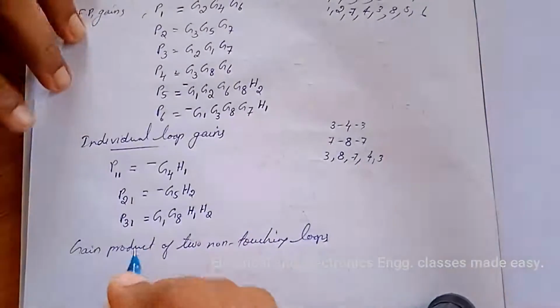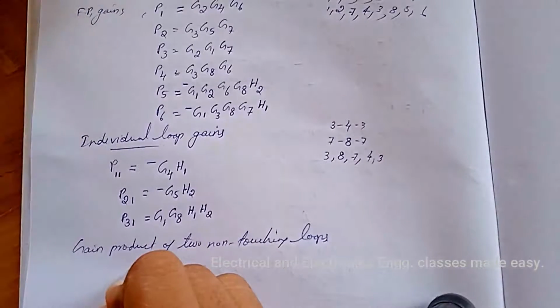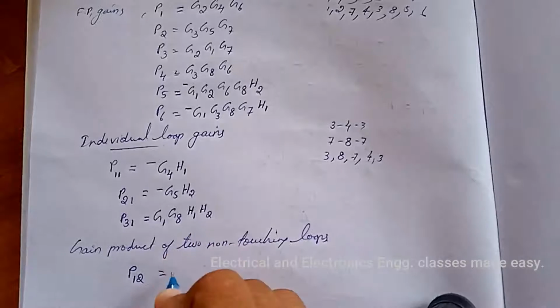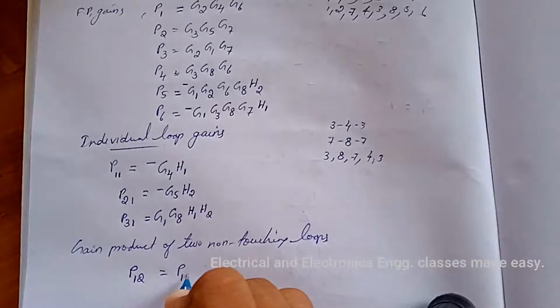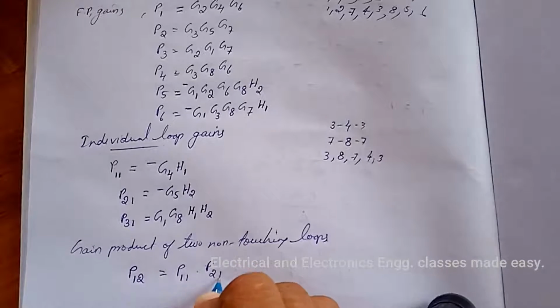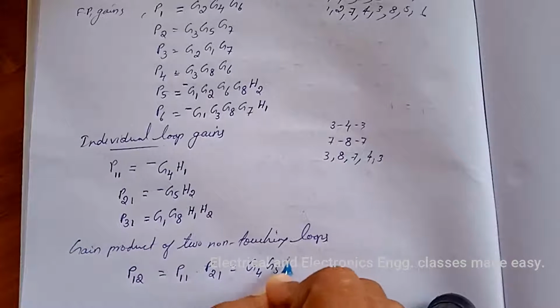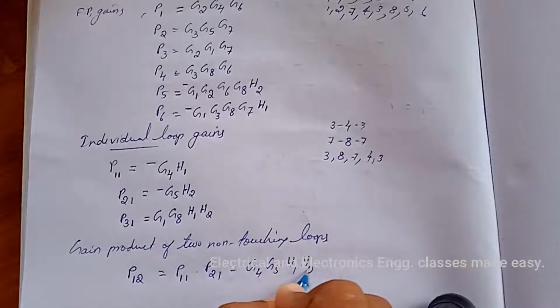So let the gain product be P12, and that is equal to P11 into P21, and that is G4 G5 H1 H2.